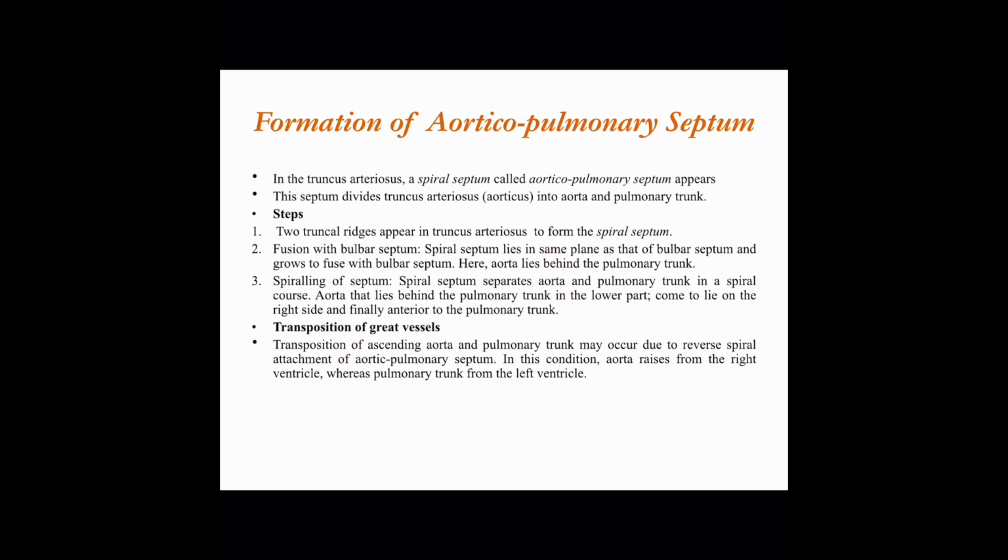And transposition of ascending aorta and pulmonary trunk may occur due to reversal of the spiral attachment of the aorticopulmonary septum, where the aorta arises from the right ventricle and the pulmonary trunk from the left ventricle. Okay, this is all about development of the interior of the heart. We have covered sinus venosus, interatrial septum, then interventricular septum. We have also seen the development of the ventricle and the spiral septum.